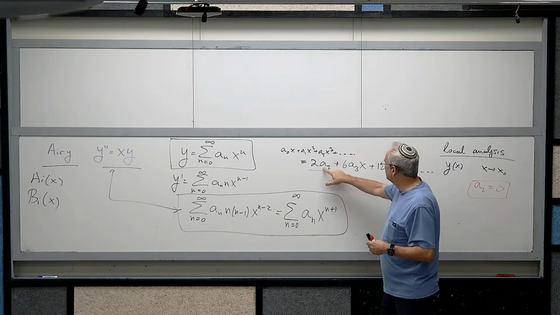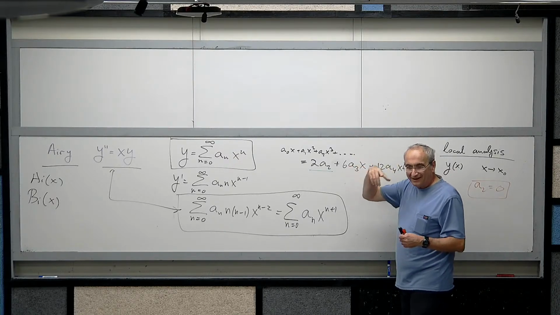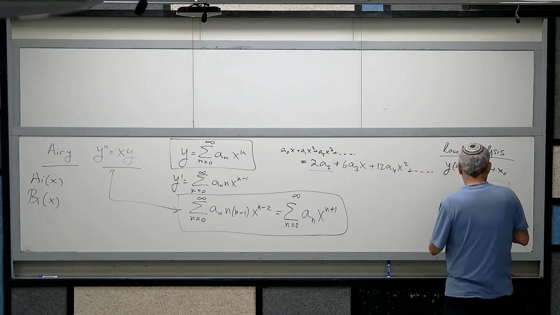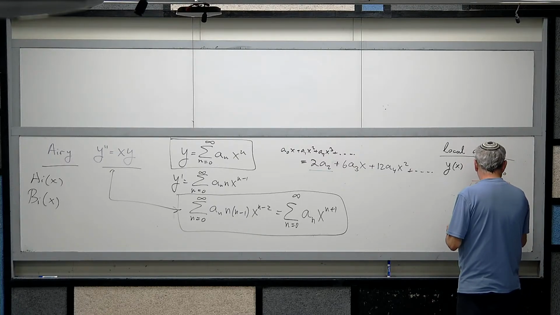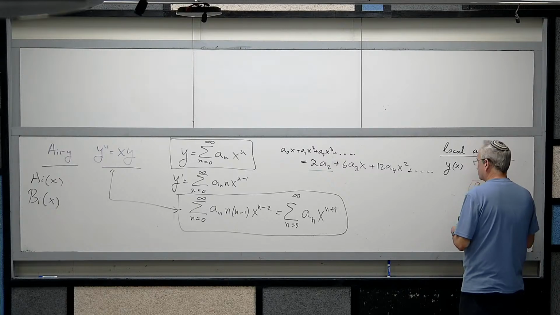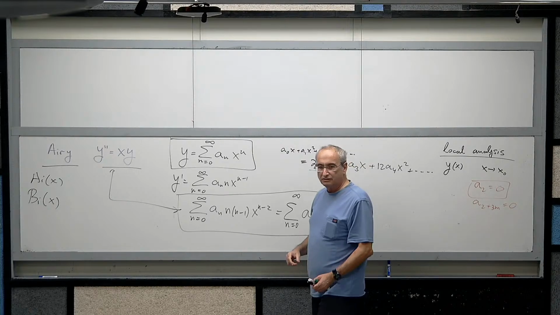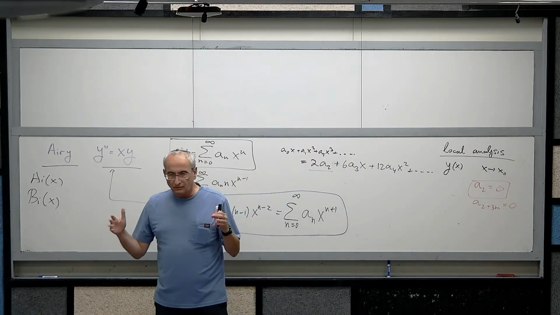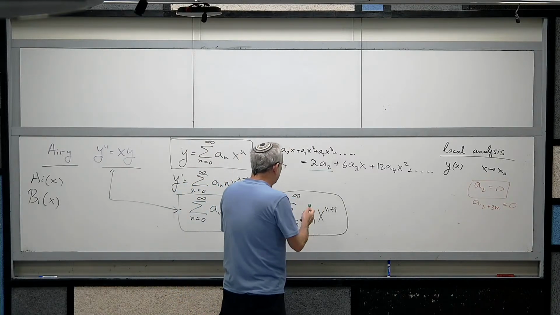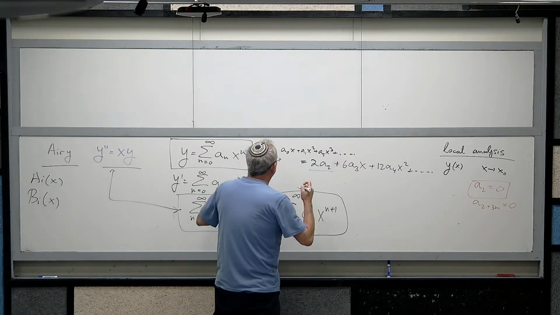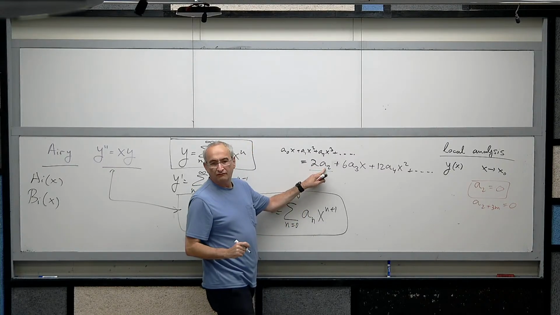But because a2 is 0, it implies also that a5 is 0 and a8 is 0, so it's not only a2 that is 0, but also a of 2 plus 3m is 0. 2, 5, 8, and so on and so forth. They all are zeros. Okay? Good.